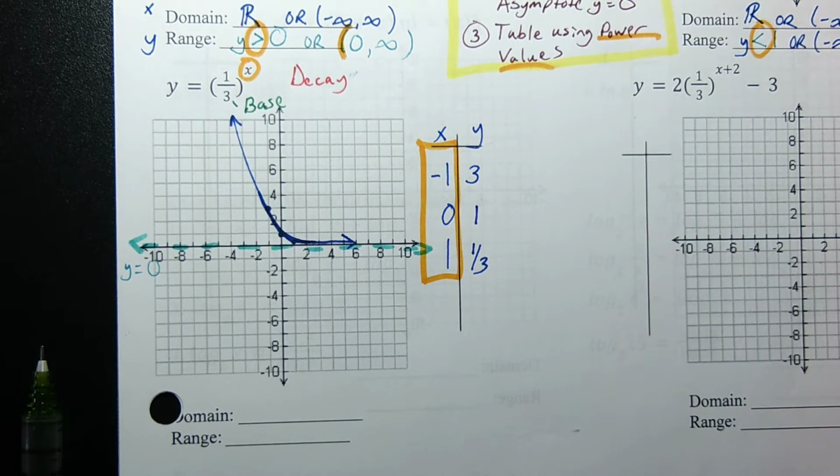I'm going to turn you loose on the domain and range using interval notation or inequality notation. You do not have to do both. See if you can state the domain and range for this one.